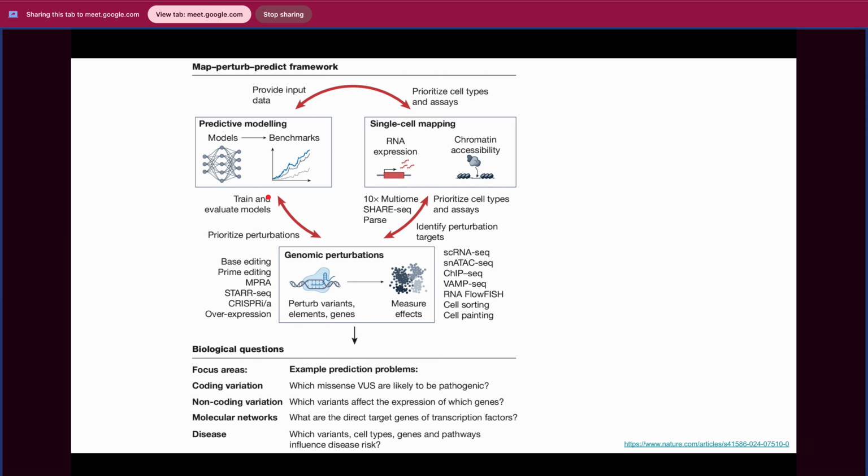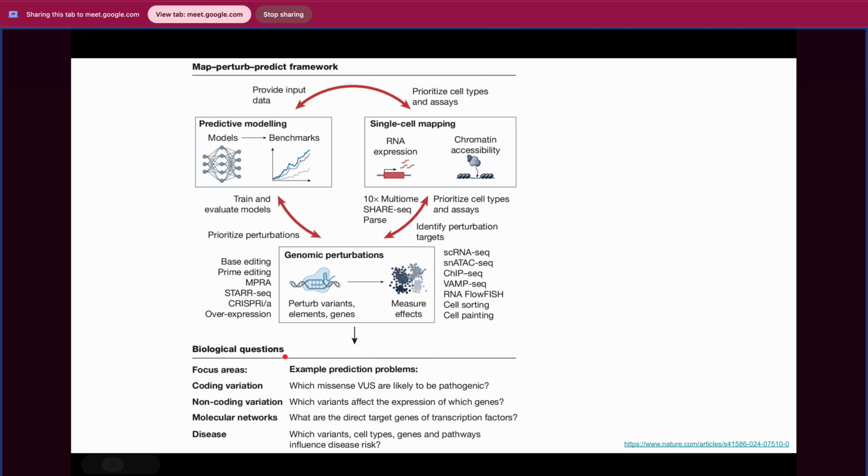So whenever a new input is given to these models, they will make some prediction about the possible impact this variation can have on the functionality or physiology of the protein. So all those things can now be predicted. This is known as predictive modeling. So this is based on the training set. The training set is generally developed to train this model so that if a new variation is input into this model, then it can predict the future outcome.